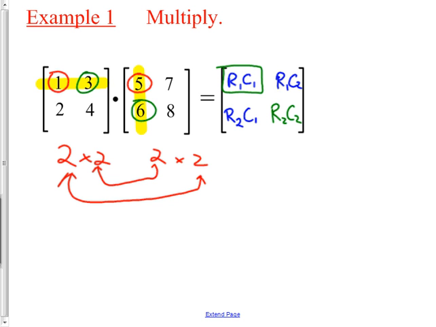Why am I timesing? Because this is a multiply problem. So 1 times 5 is 5, 3 times 6 is 18, 5 plus the 18. I know it seems like you could multiply them, but you don't. So it's 5 plus the 18. 5 plus 18, I think, is 23. So I'm taking this out, and I'm putting in 23.